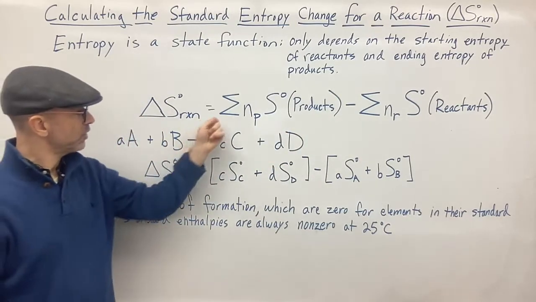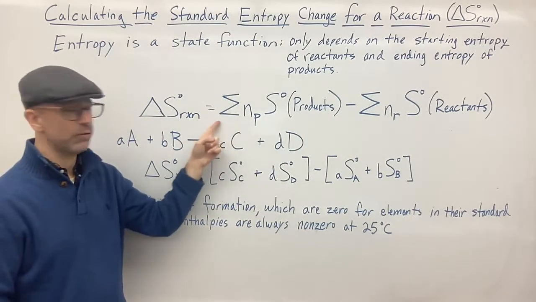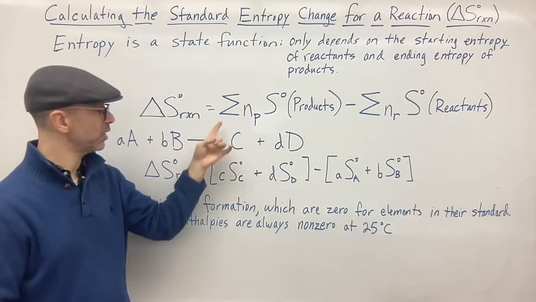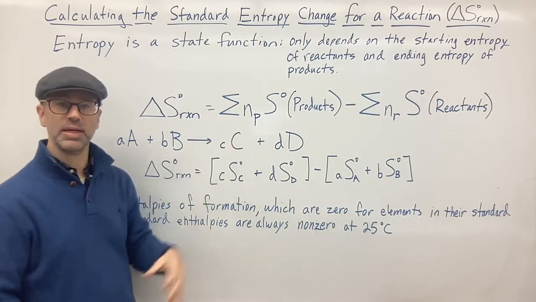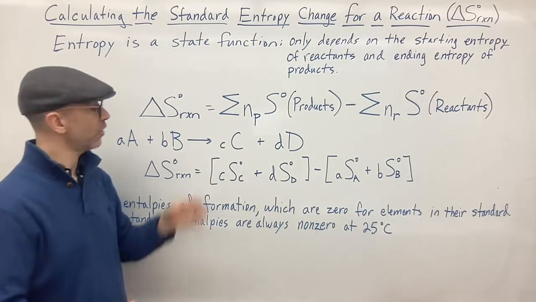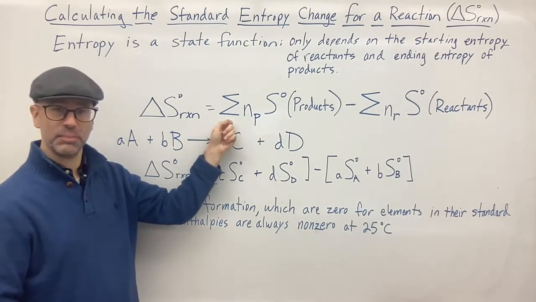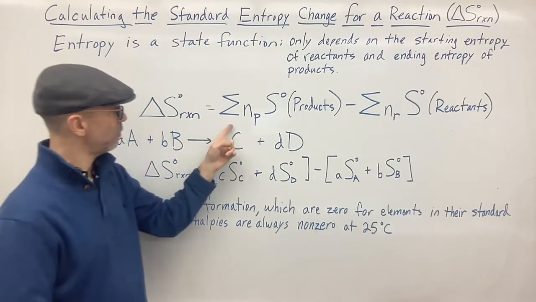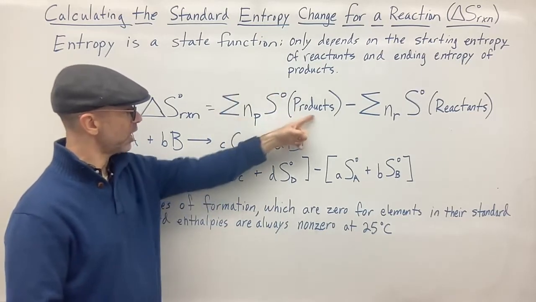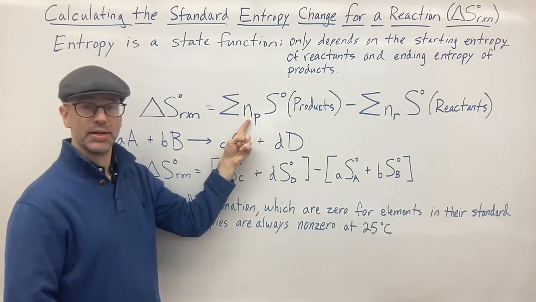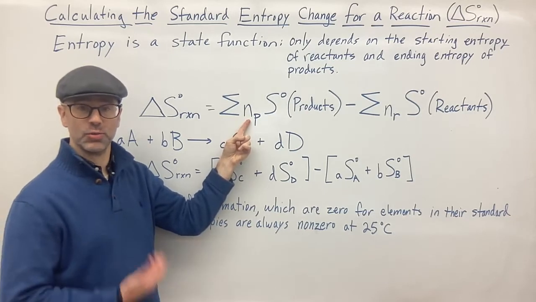So what does this mean? This is the Greek symbol capital sigma. We use it in math to mean the sum of something, so we're going to be adding things together. This is going to be the sum of the entropy of the products multiplied by their stoichiometric coefficients. What does that mean?